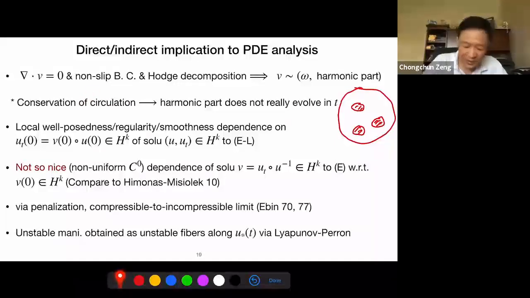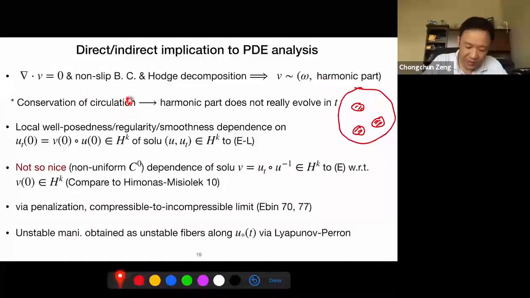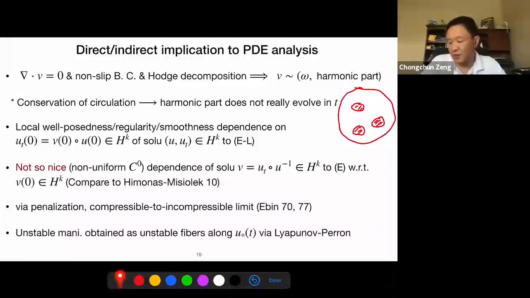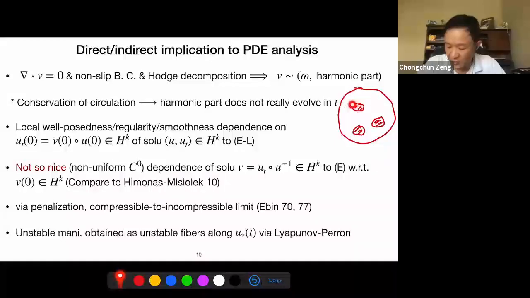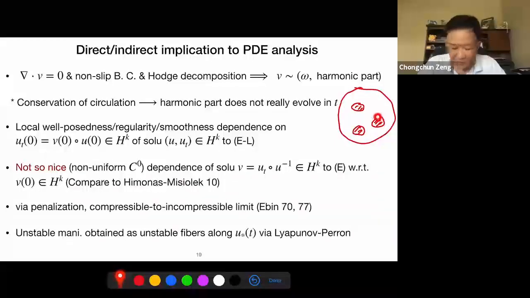In this case, you can compute that there is a conservation of the circulation along each of these interior boundary curves. The boundary has an exterior component and interior components. Like in 2D, you can compute the circulation, and the circulation of the velocity field along each of these interior boundary components is conserved.